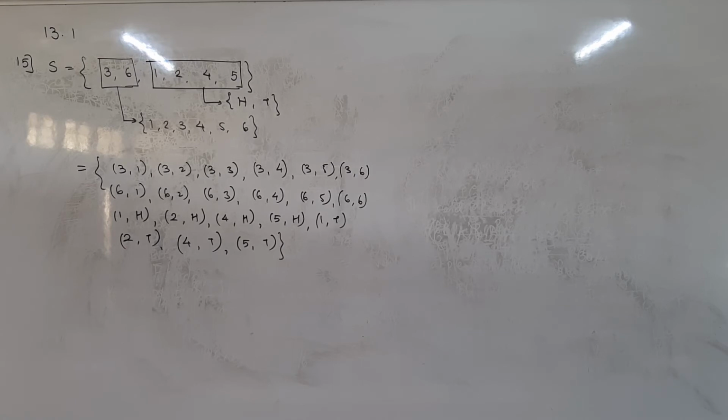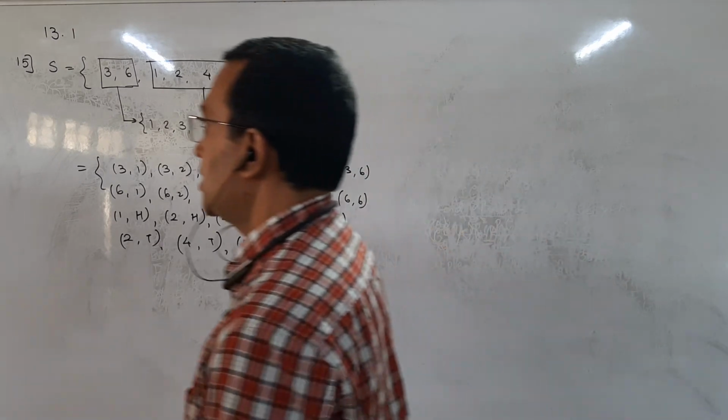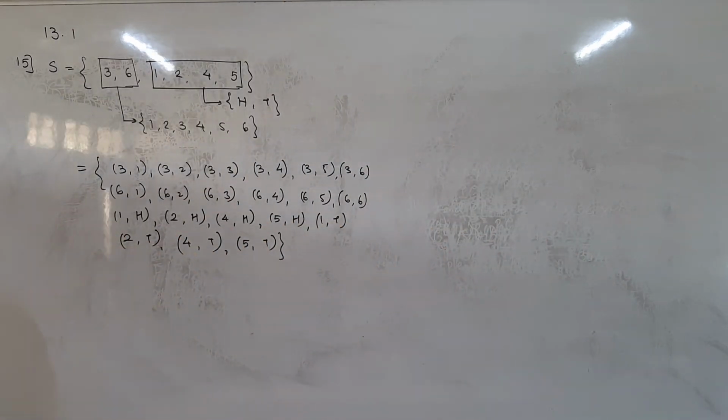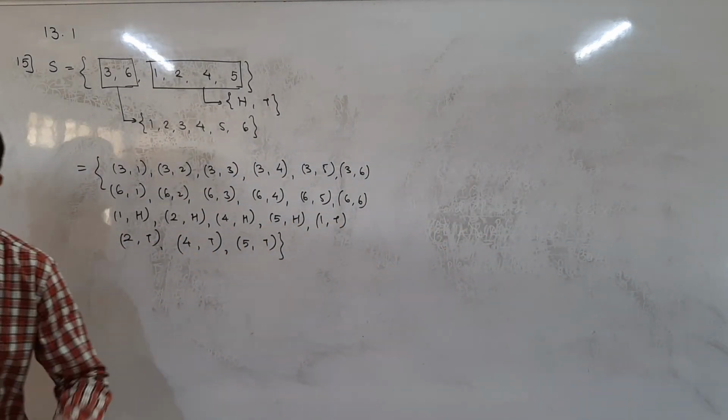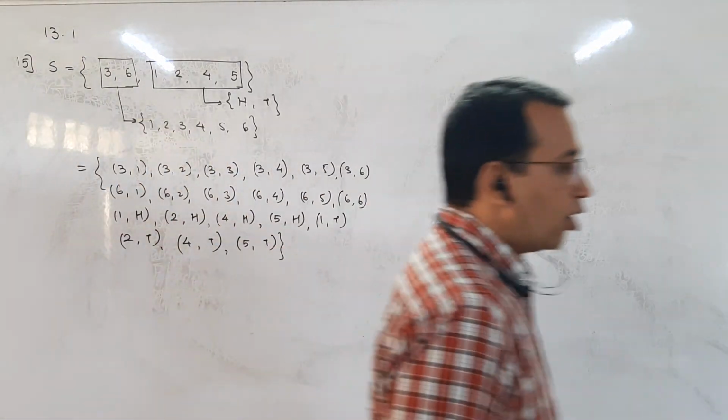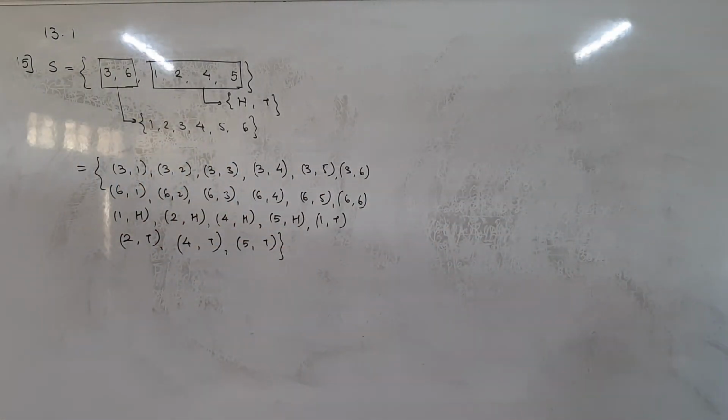I cannot write n is equal to 12 plus 8, 20, because different elements may have different probabilities. Here the sample space is such that all the elements are not equally likely. Pair (3,1) has probability 1 by 36 because it is obtained when a dice is rolled twice.